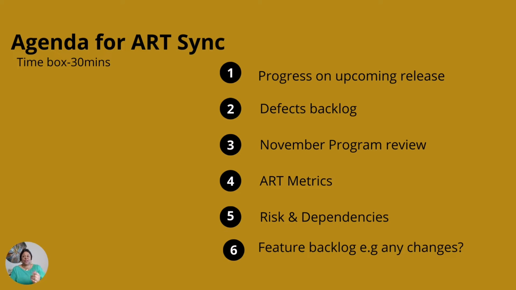In one AdSync that I facilitated, the dev lead wasn't too sure, because we were depending on another team to get something done before we could release. I turned to the product manager and asked, do you think there should be a scope change? Are there features that need to be removed or replaced? He wasn't too sure, so he said they needed to meet after this to look into those dependencies.